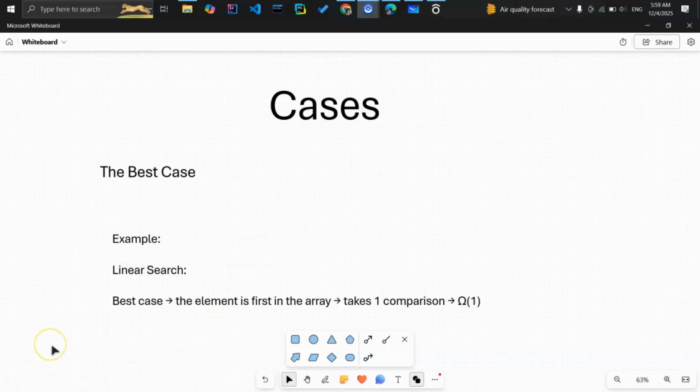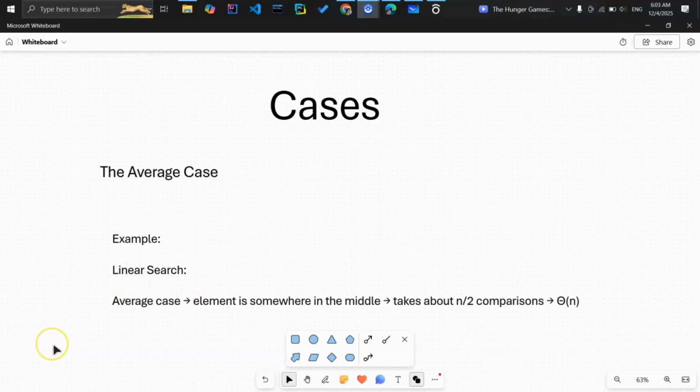The second one is the best case. This is the scenario where the algorithm takes the least time to complete. It shows the minimum time the algorithm can take. Big omega notation is often used for the best case. This is the example.